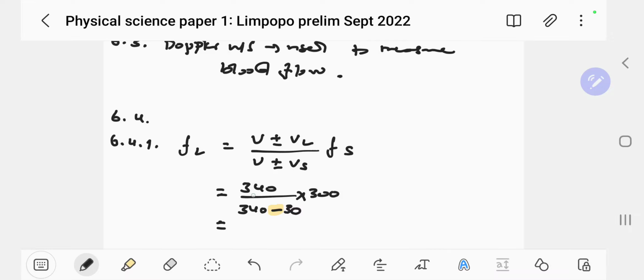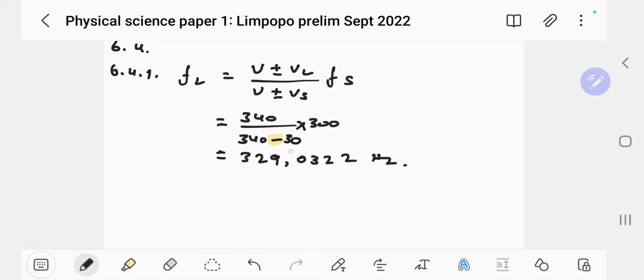What we get is 329.0322 hertz. Okay, this is great. You can already tell that this is higher than the emitted frequency, so it makes sense.